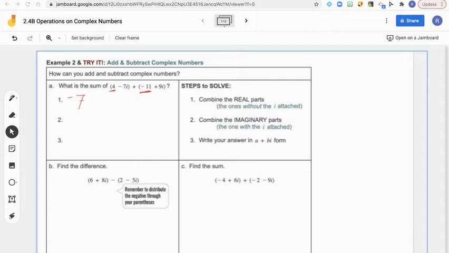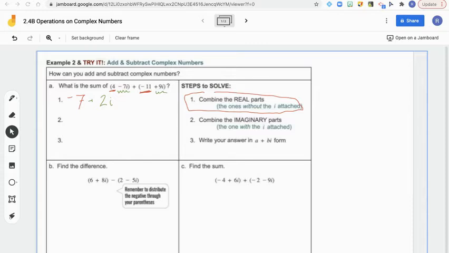Combine our real parts. Step 2 then says we're going to take these parts that are imaginary with that i on it, and we're going to put those together. So a negative 7i plus 9i is going to give us 2i.